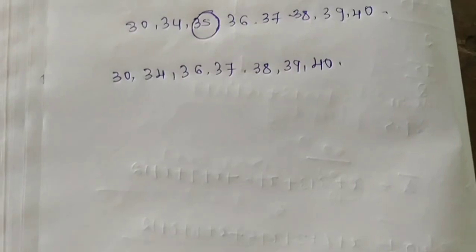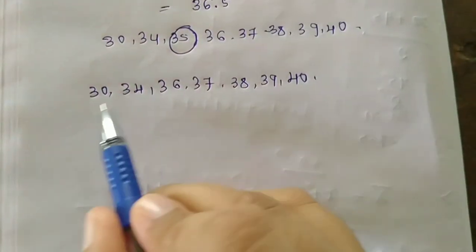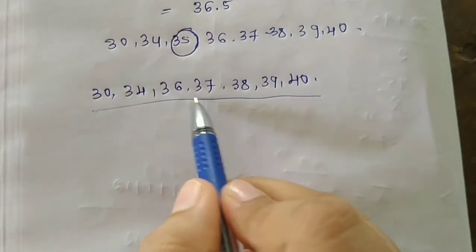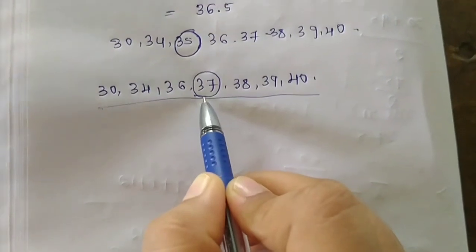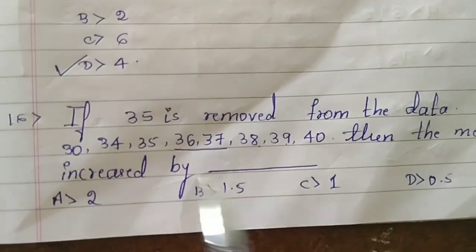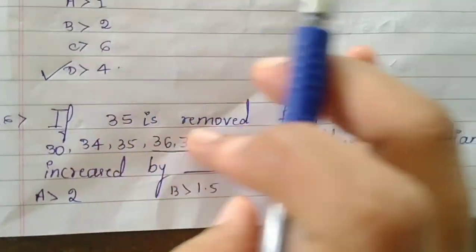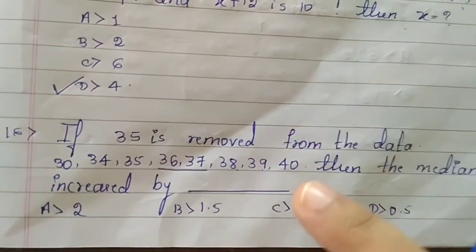So now you can easily judge the median. Because we now have 7 observations, we can easily judge that 37 is the median, right? So what they asked is, when you remove 35 from this data, the median is increased by which number?